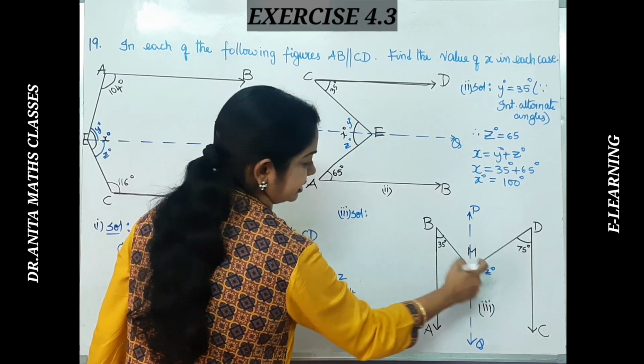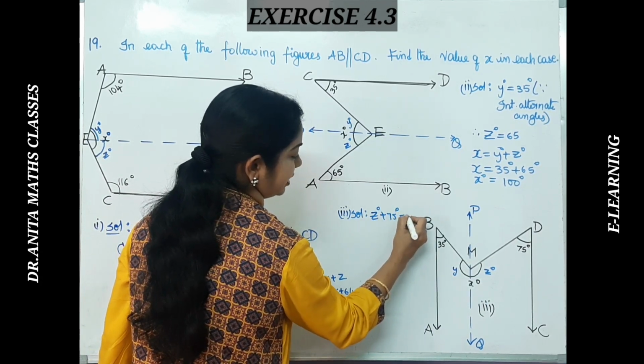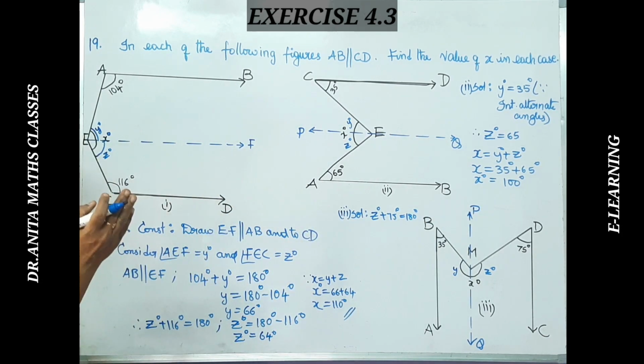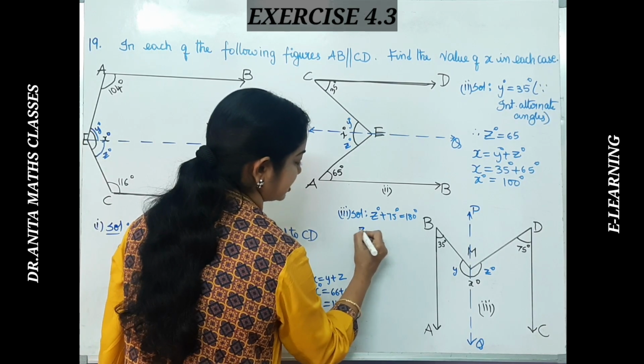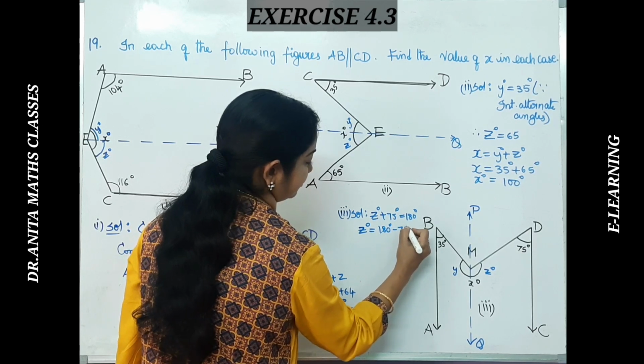Okay. So angle Z plus 75 equals 180. Why? Because the interior angles on the same side of the transversal sum to 180. So from this I'll find the Z angle is equal to 180 minus 75.